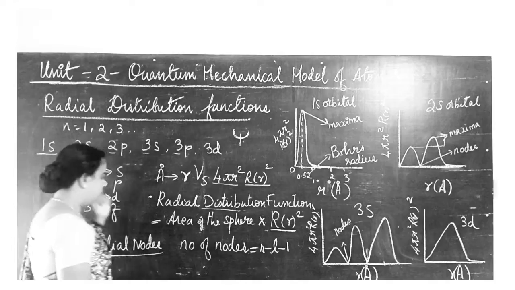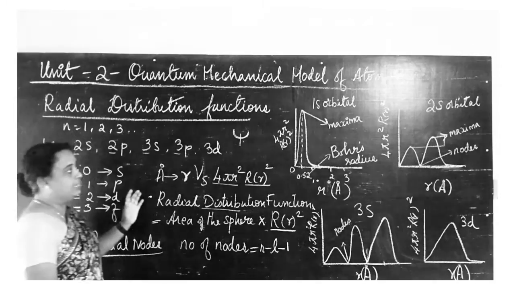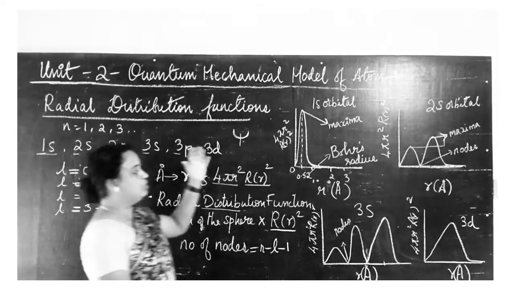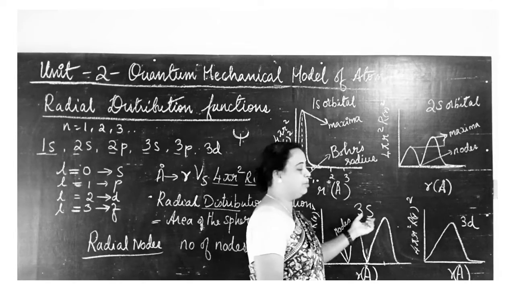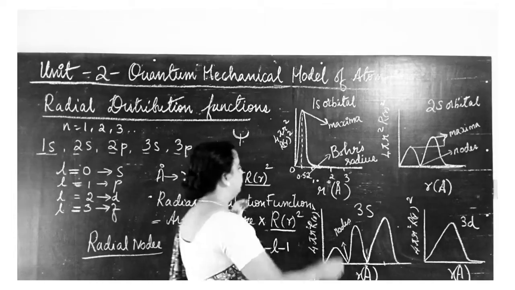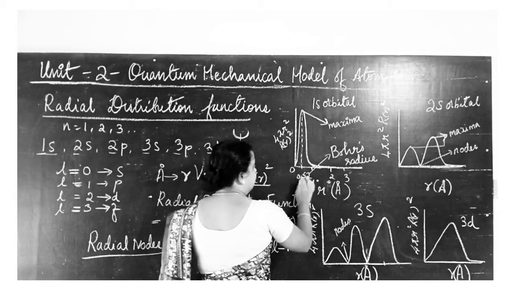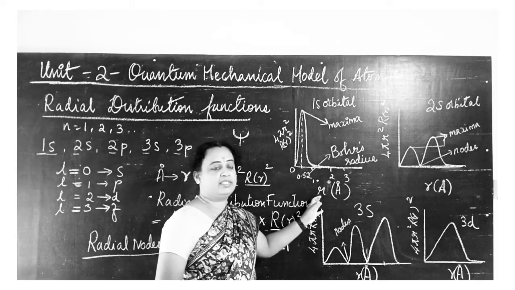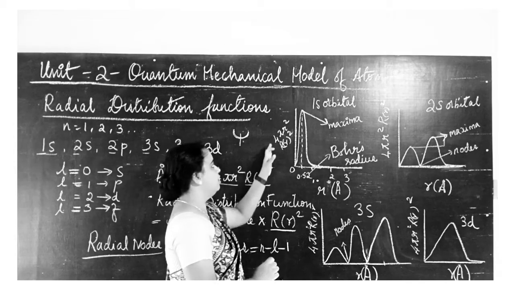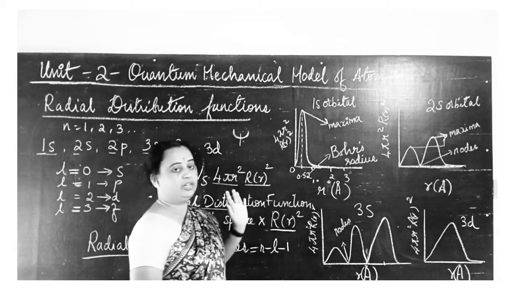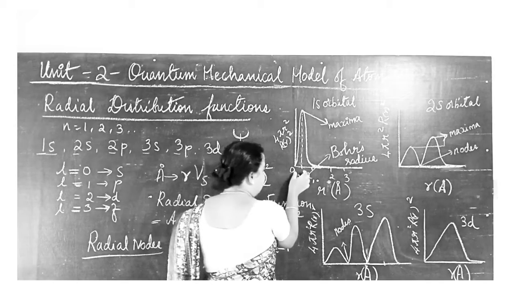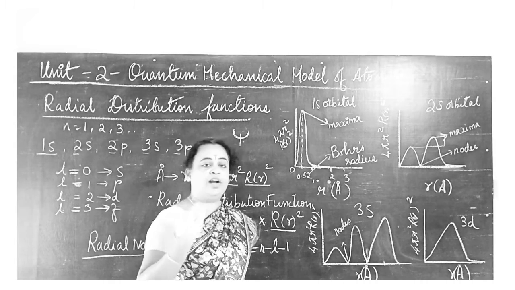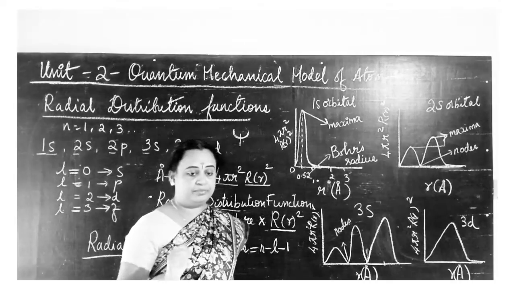Got it? Now let us plot the graph for each orbital, like 1s orbital, 2s orbital, 3s orbital, 3d orbital. Right? Now on the x-axis radius is taken, and on the y-axis 4 pi r squared R squared is taken. So when the radius is 0, there is maximum probability of finding the electron near the nucleus.